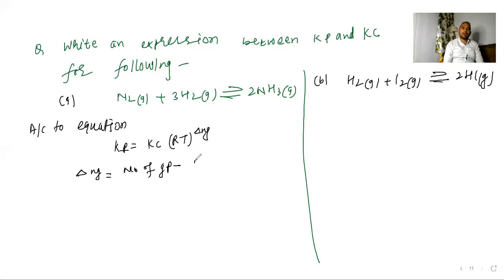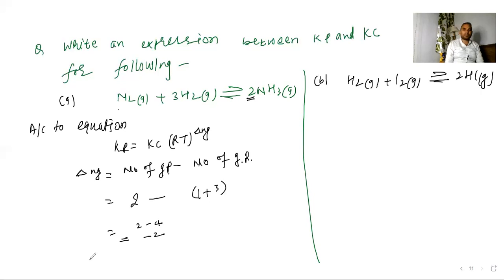Gaseous product is 2 mole, minus reactants 1 mole N2 and 3 mole H2, so 2 minus 4, which is minus 2.